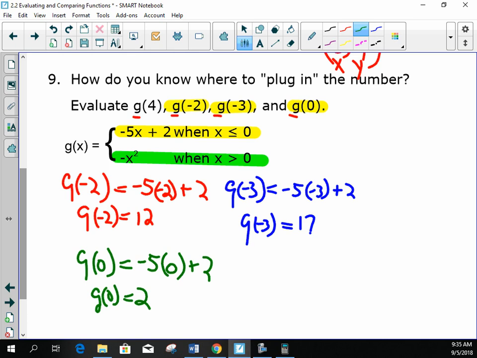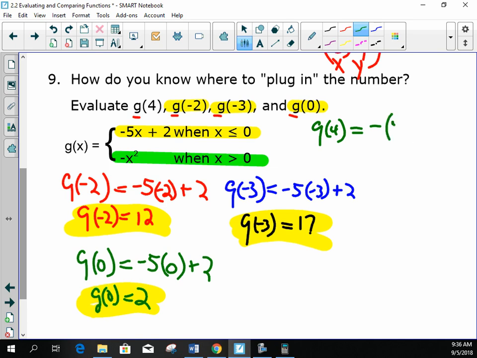Okay? So I know what g of -2 equals. I know what g of 0 equals. And I know g of -3 equals. So now I need to find what g of 4 equals. G of 4 equals the opposite of x squared. X is 4.